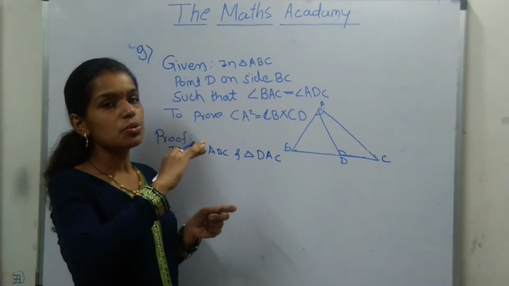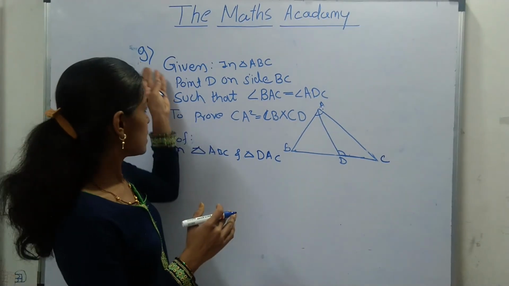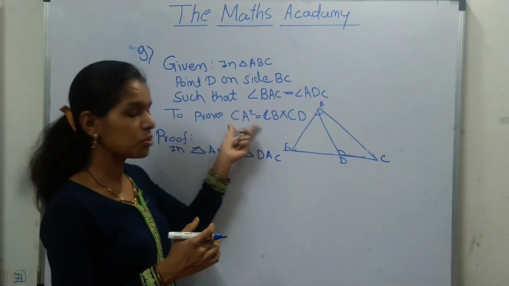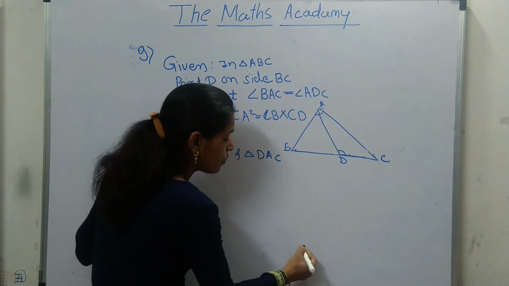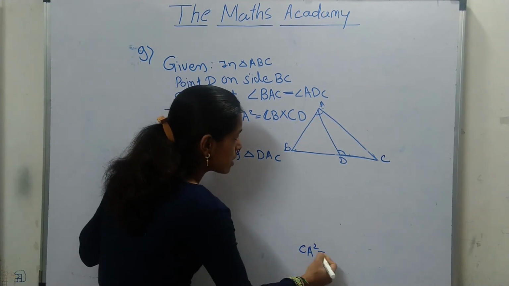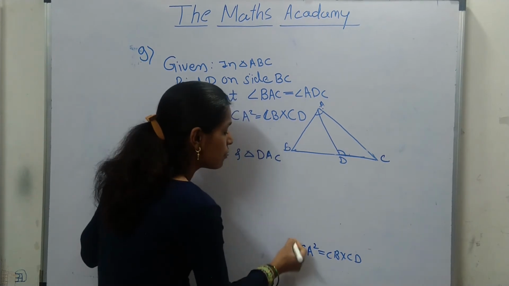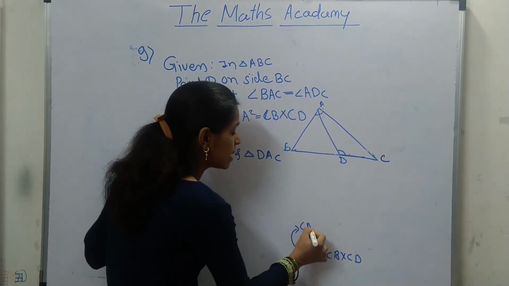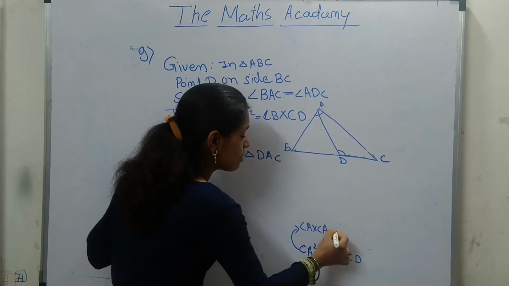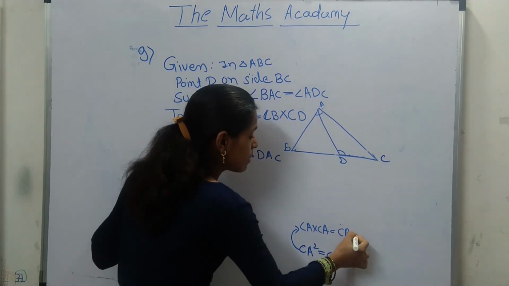Now as we used the concept in the previous example, the 8th example, the same concept we have to use here. Here what we have to prove? We have to prove that CA square is equal to CB multiplied by CD. For proving this result, we will prove that CA multiplied by CA is equal to CB multiplied by CD.